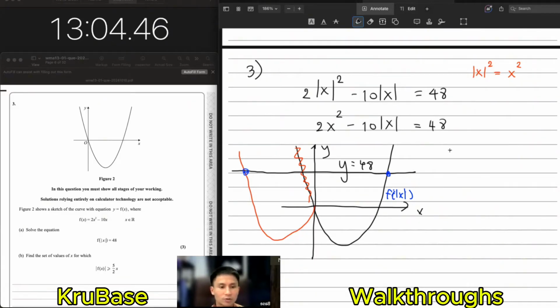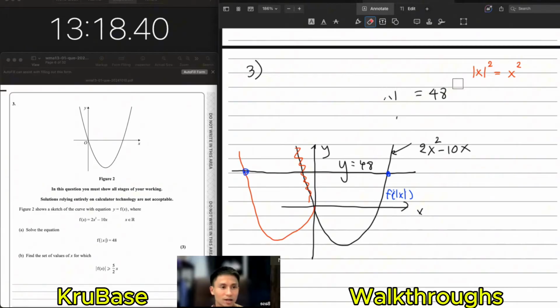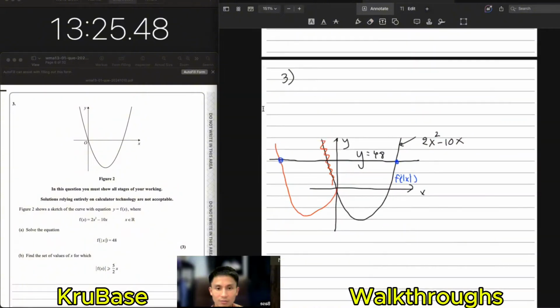All right, so how do we solve this? Well, we can go ahead and take this part here, where this curve is going to be the original curve, 2x squared minus 10x. So I probably don't need the working for this because I'll share you my model answer later on. So got to be quite neat there. I can't move this up, sorry.